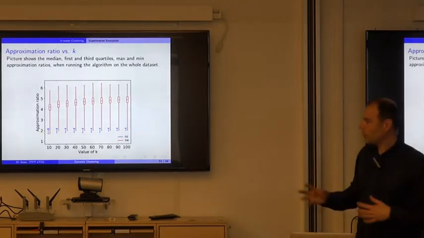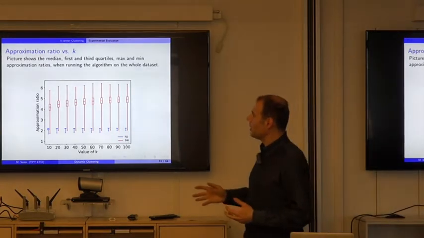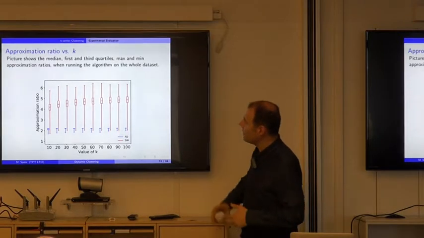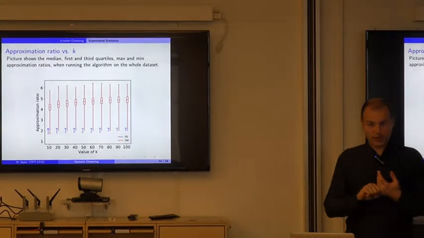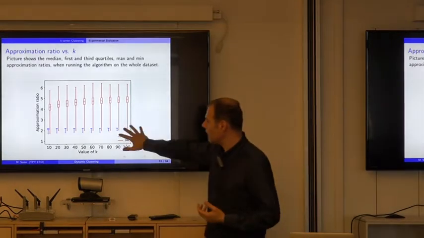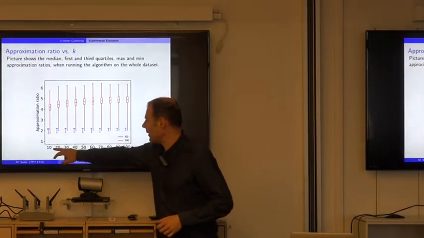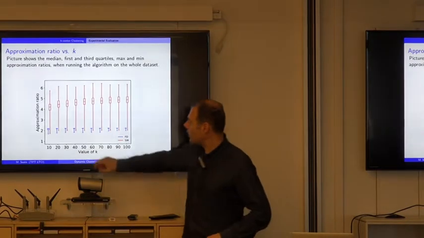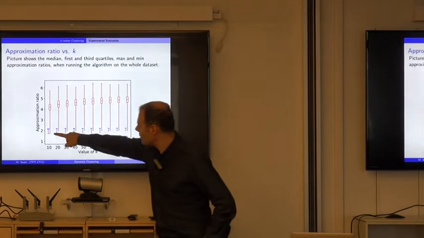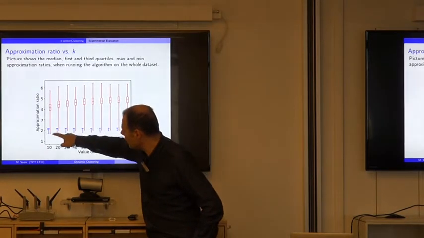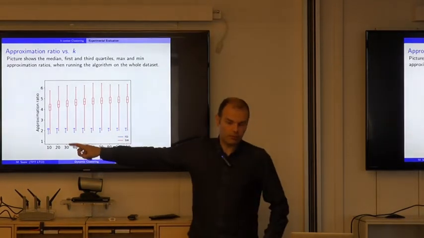One way to show this is to show the median, the first and the third quartile, and the maximum and minimum approximation ratios. This way we have a full picture of what is going on. So for example, one way to read this plot is that for k equal 10, the approximation ratio of our algorithm, which is the blue curve, is always between 2.2 and can be even better than 2.